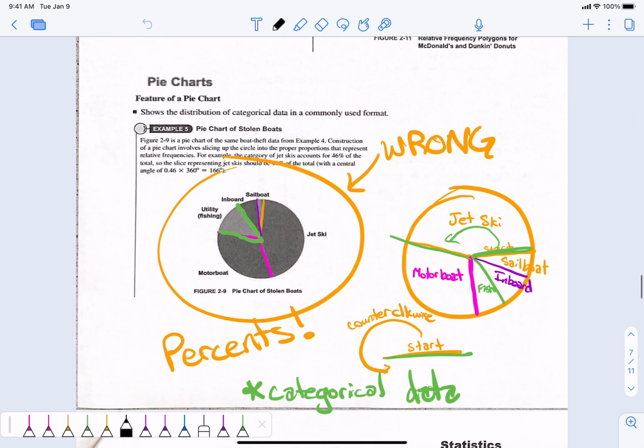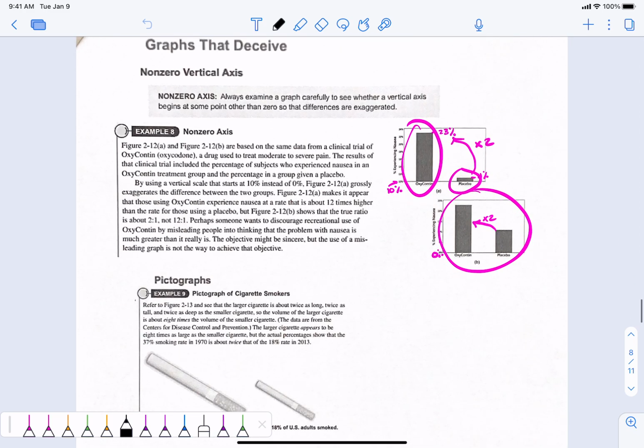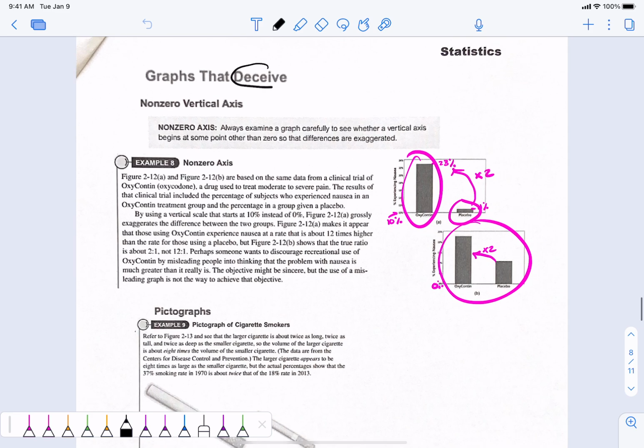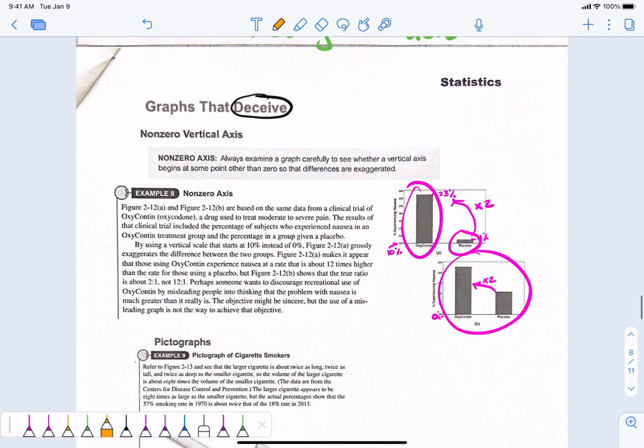Okay. So graphs that deceive. This is the very back page of your notes. And what does it mean to deceive again? To lie. Kind of. Hide info. I'm going to describe it in different words than we did yesterday. It's kind of as though to lead to believe things that are not true.